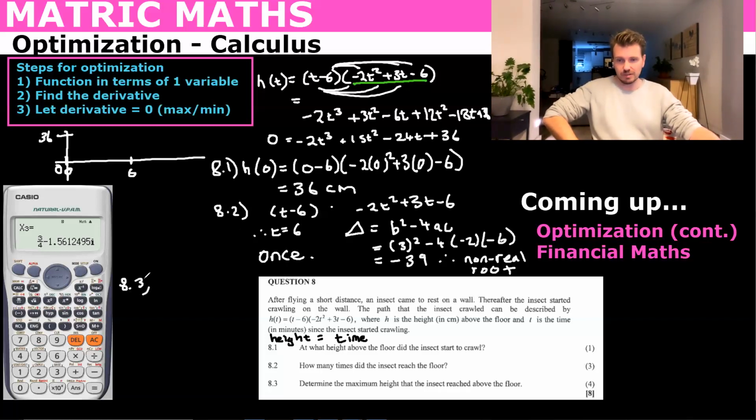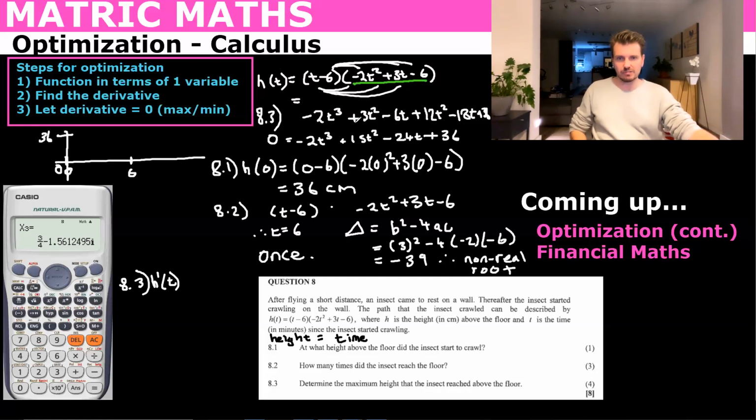So 8.3, determine the maximum height. So remember, find the derivative. Okay, so I've already solved for h of t. So I'm going to say h dash of t. And here I would have to times it out like I've done at the top. So this would be part of 8.3 here at the top.